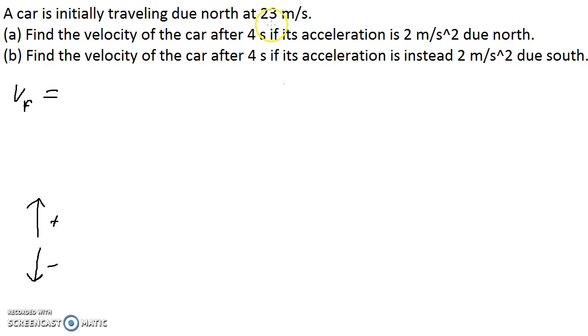And we do know that the initial velocity is 23 meters per second north. And going back to our coordinate system, north is defined as positive, so that is going to be positive 23. And the acceleration in A is 2 meters per second squared due north.